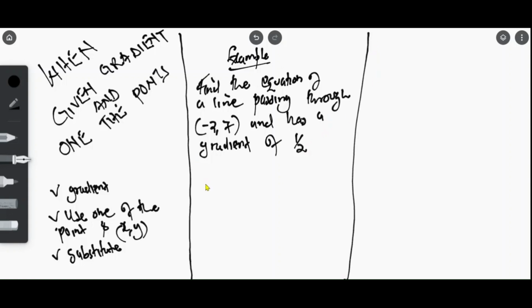So I have one of the points, -2, 7, and I've been given the gradient. Gradient is equal to a half.